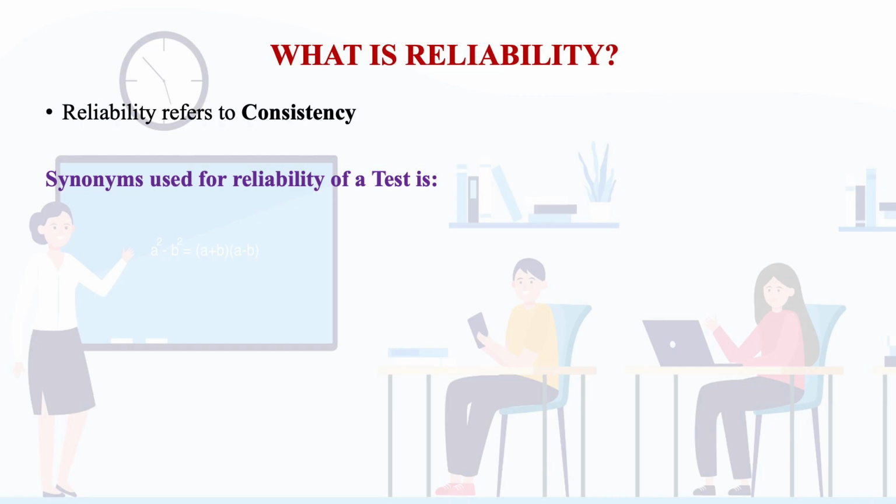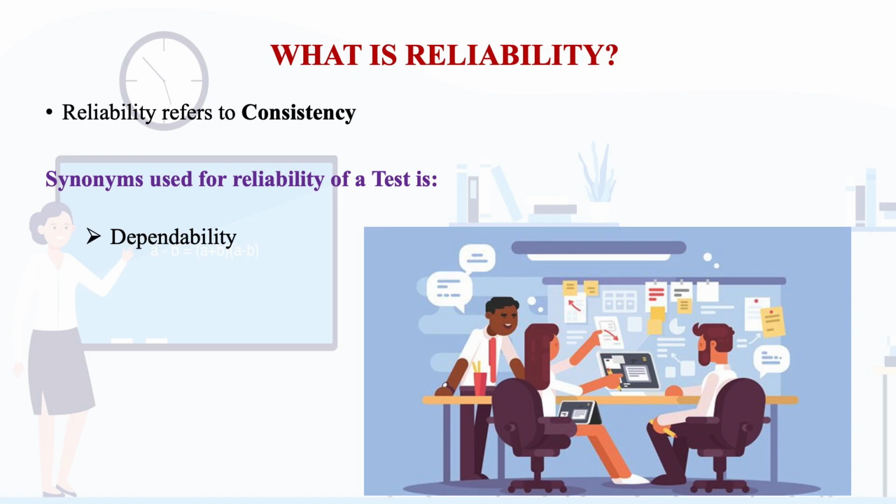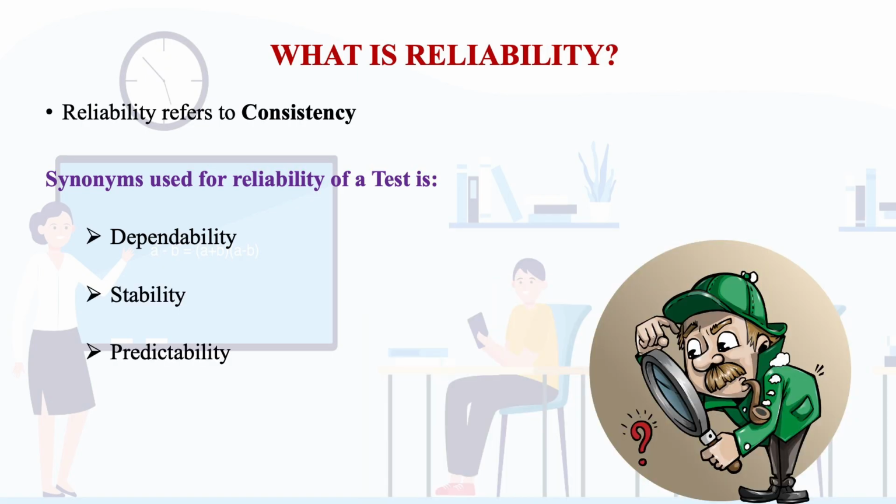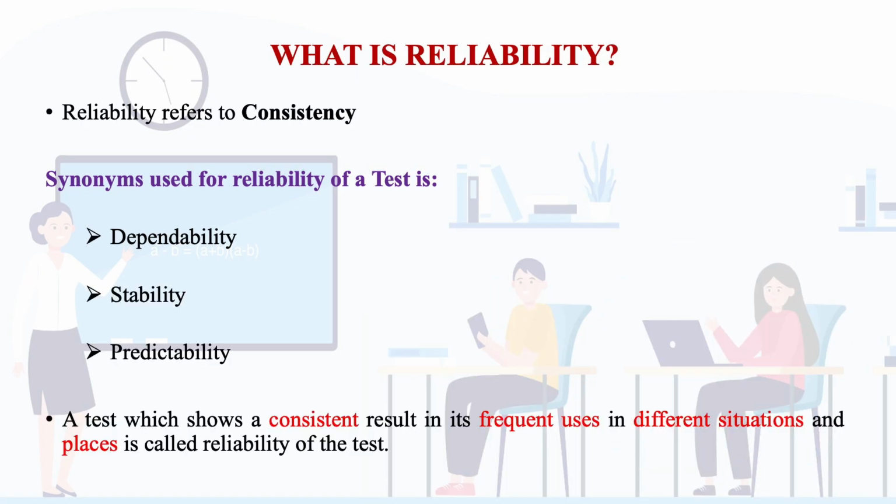The synonyms we use for reliability of a test are dependability, stability or predictability. So a test which shows a consistent result in its frequent uses in different situations and places is called reliable.